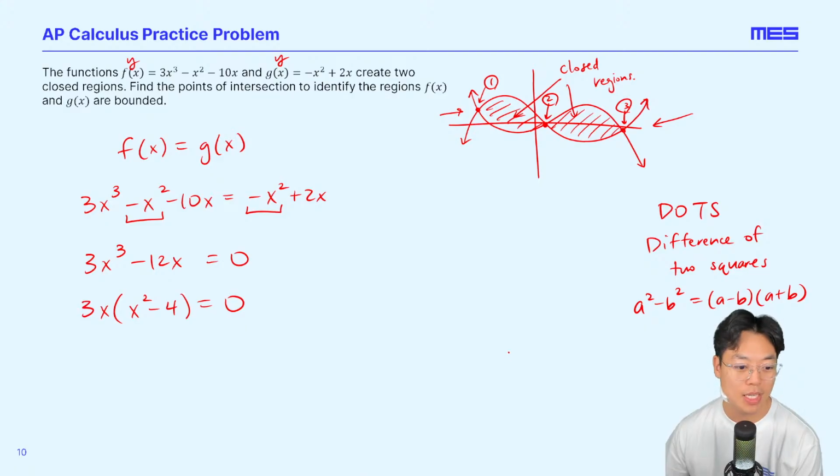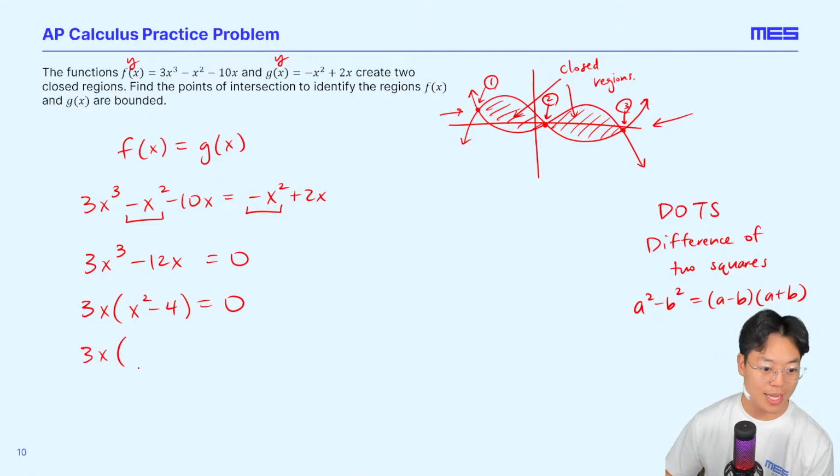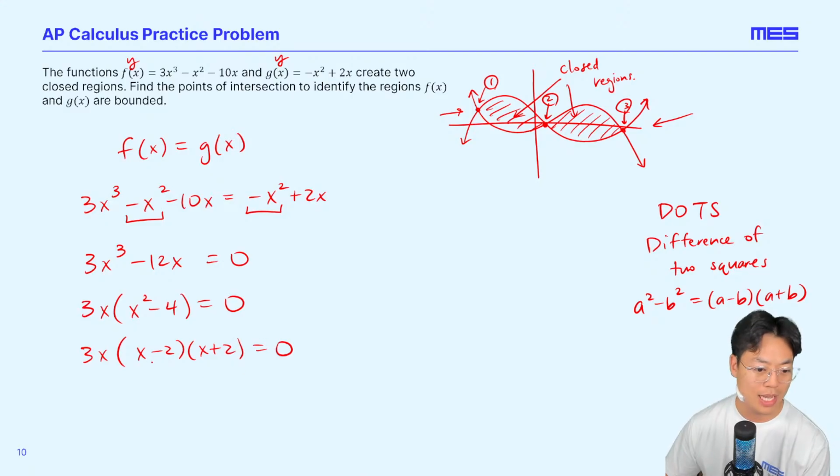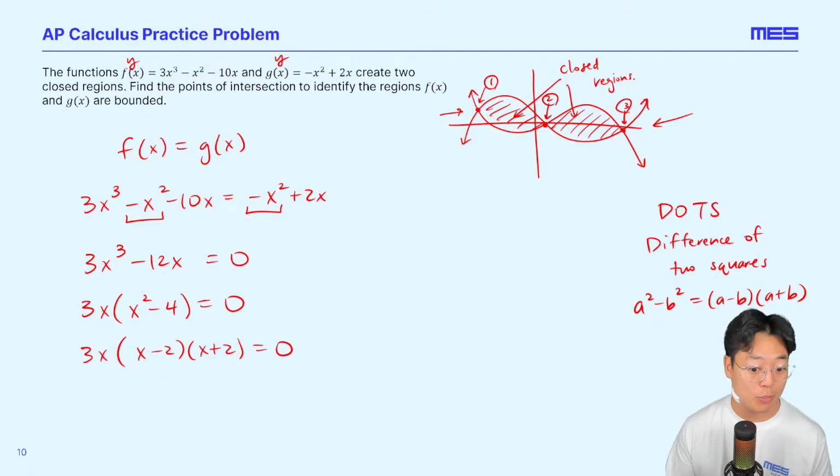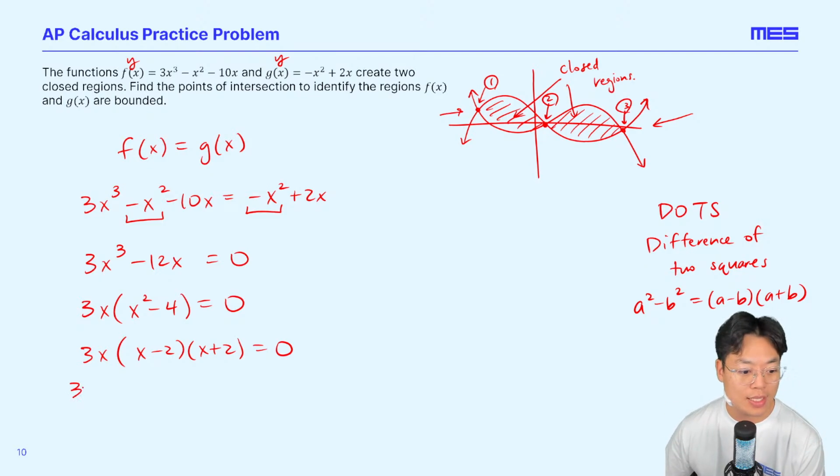So here we'll have 3x times x minus 2 times x plus 2. So we have a product of three expressions equal to 0. Any one of those expressions can be set equal to 0 here. So 3x equal to 0, x minus 2 equal to 0, x plus 2 equal to 0.